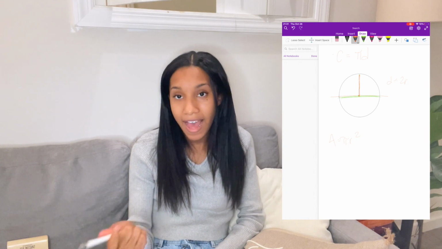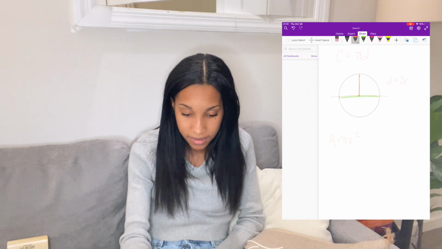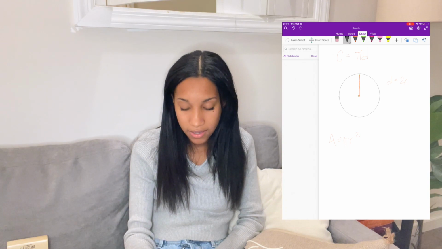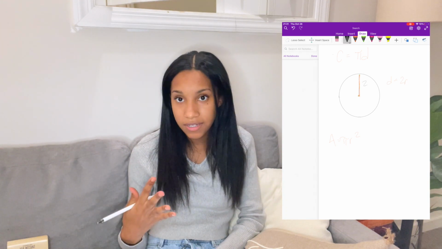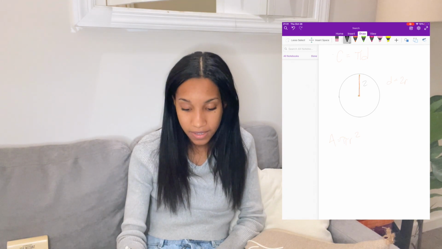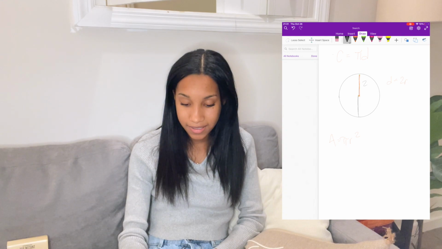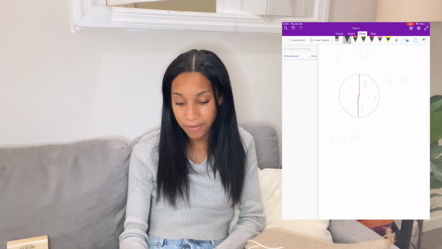So if you only had the radius and had to find the circumference, let's say they gave you 2. Let's say the radius was 2, and they told you to find the circumference. What you would do is you would know, oh, if I just double this, the diameter is going to equal 4.